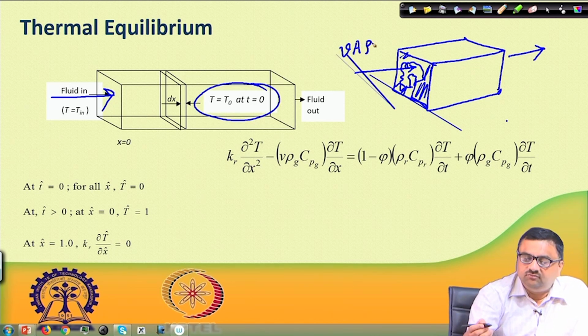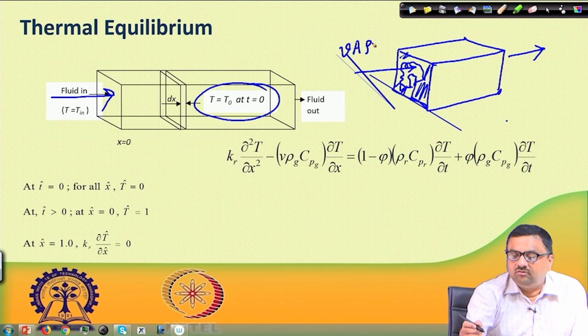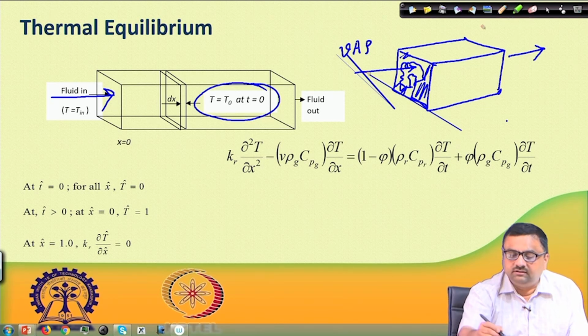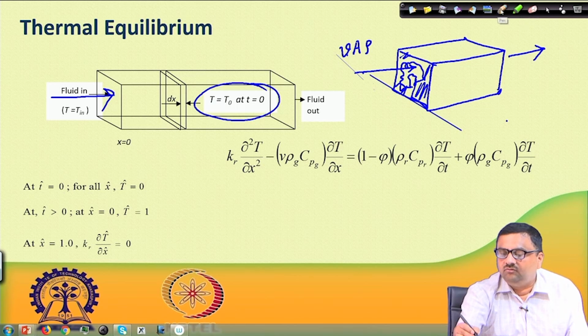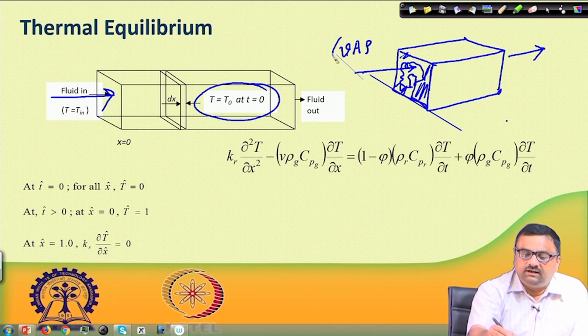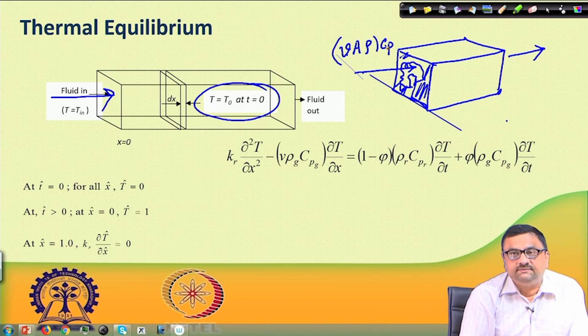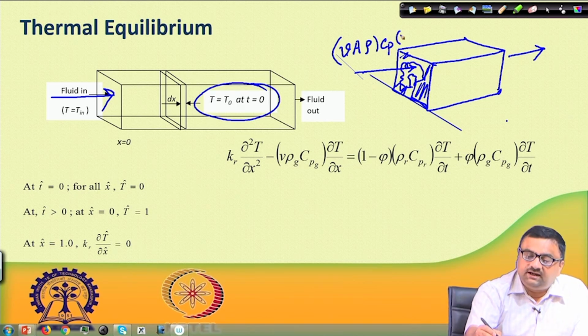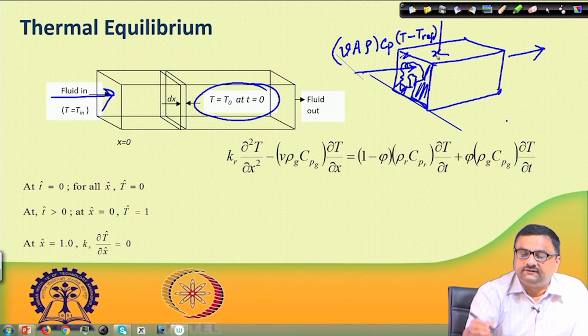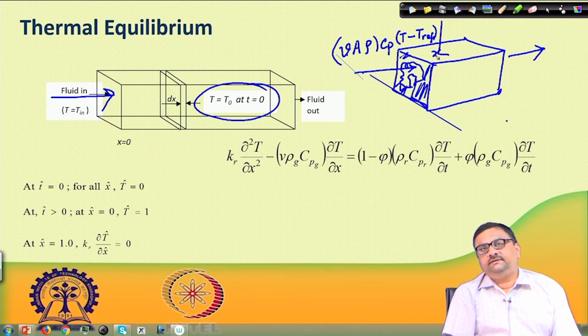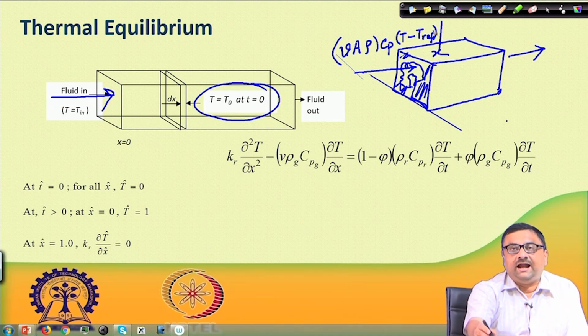Multiplied by rho, multiplied by Cp, the specific heat, multiplied by T minus some reference temperature T ref, at x.